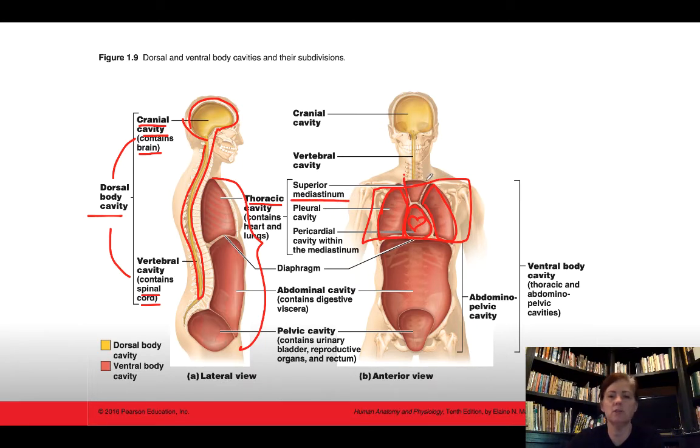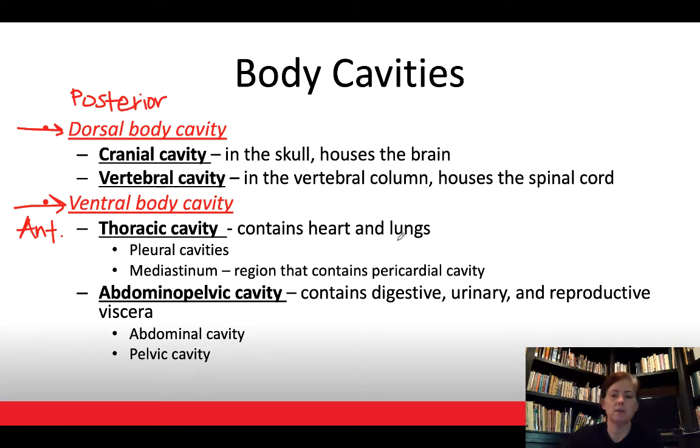It's just a region within the thoracic cavity, but the thoracic cavity can be further divided into pleural cavity and pericardial cavity. And then if you look down here, we've got abdominopelvic cavity, which can be divided into abdominal cavity and pelvic cavity. So a couple different divisions there, and I've given you here all the specific structures or a general idea of the structures that are located within each of those cavities.